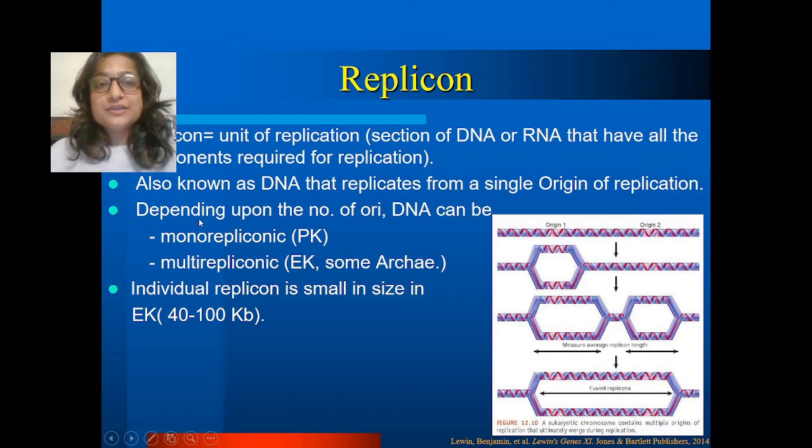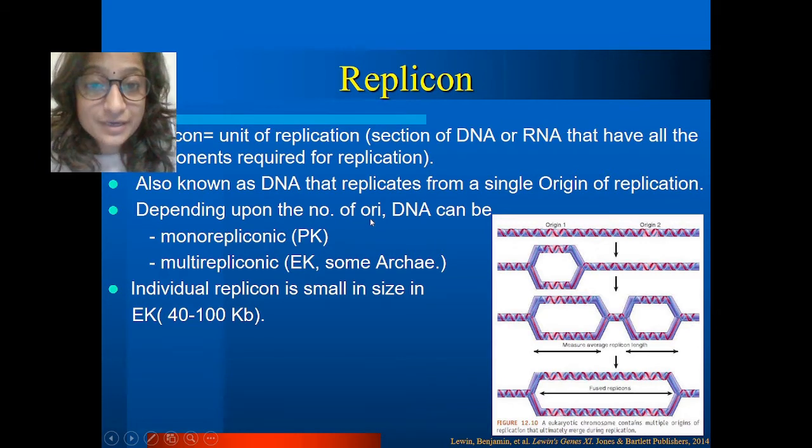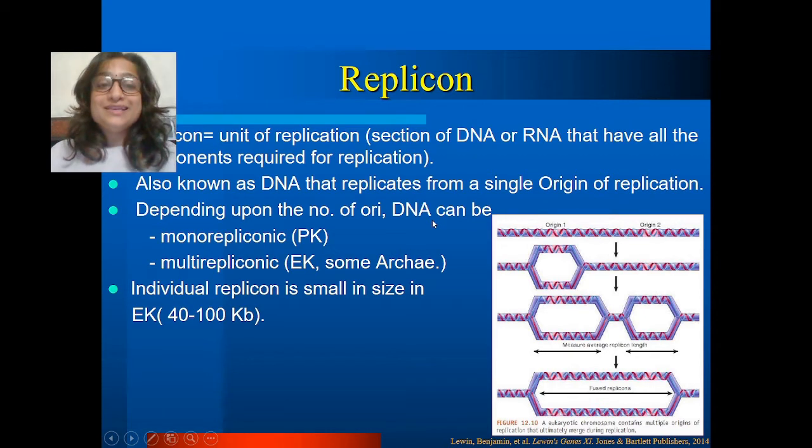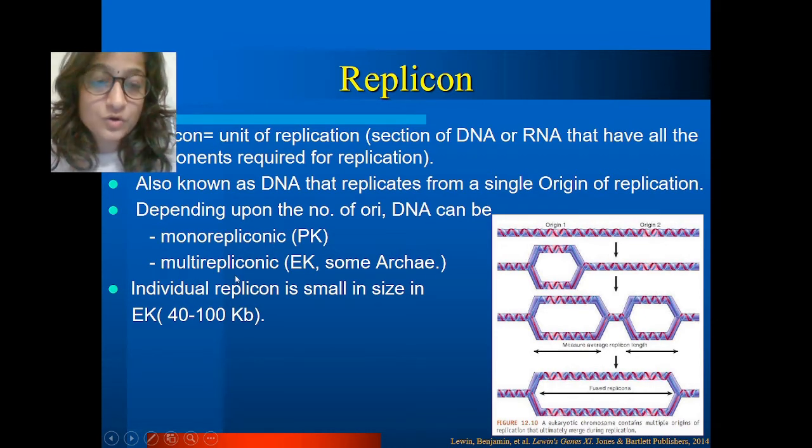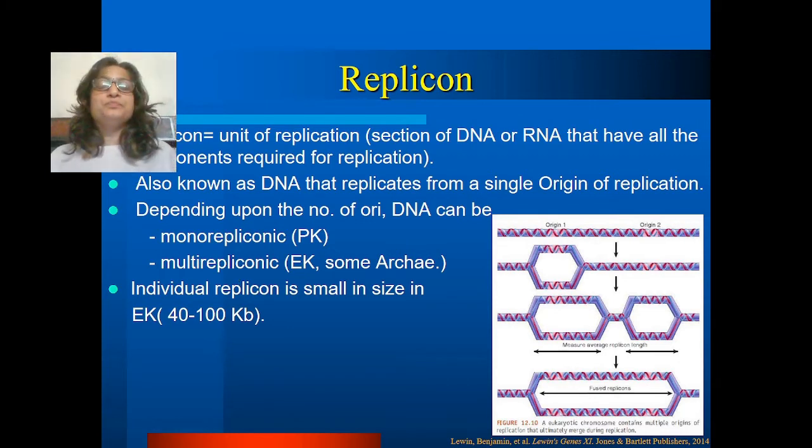Further, depending upon the number of origins of replication, also abbreviated as ORI, your DNA can be either monorepliconic or multirepliconic. Monorepliconic means you have only one origin of replication and the whole of the DNA will be replicated by that single ORI only. You have a single replicon.